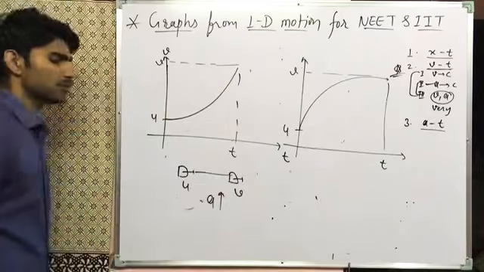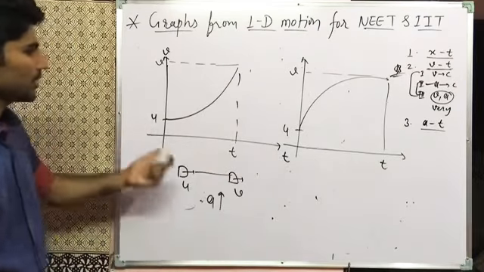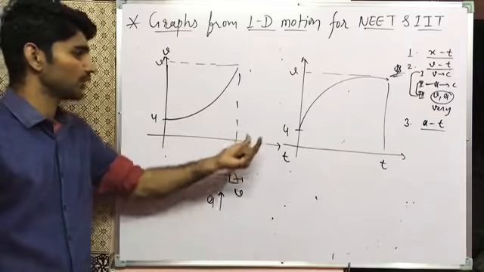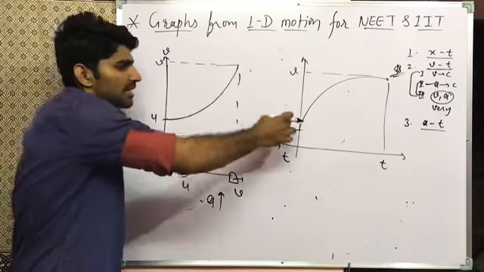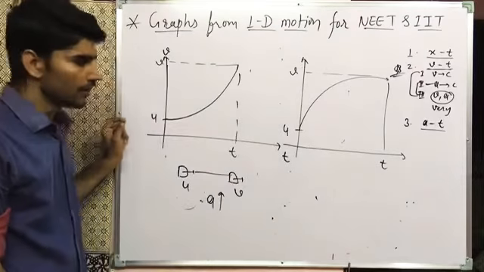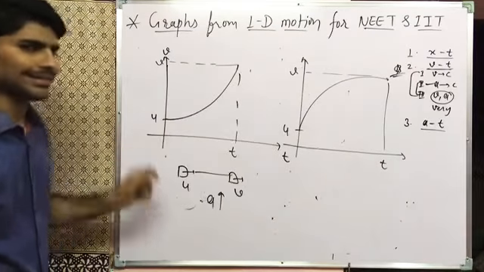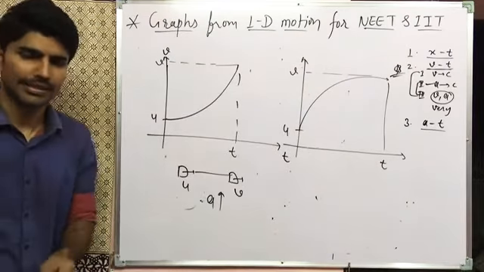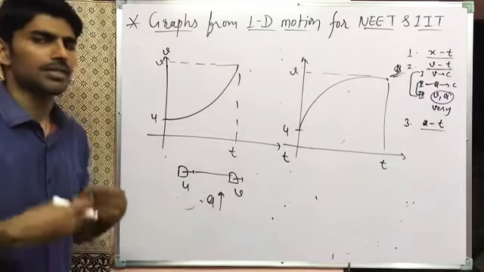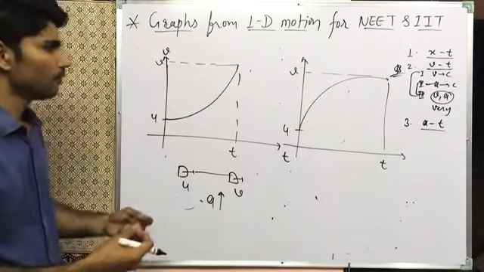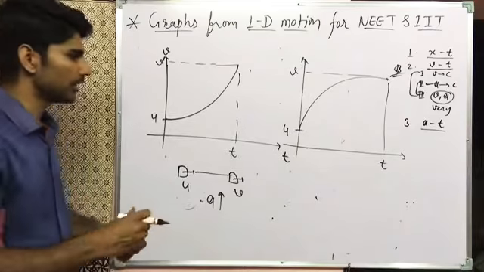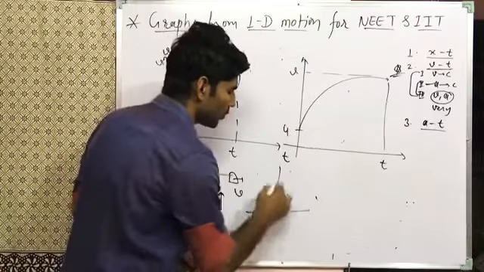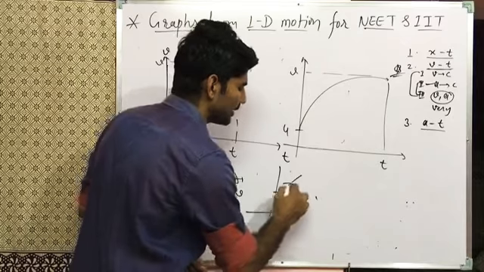So for variable acceleration, velocity time graphs, there are two graphs. One has this type of slope and the second has this type of slope. In both cases, acceleration is changing, but how the acceleration is changing, we will find out by the slope. I have told you that if you have a constant slope, then acceleration is constant.